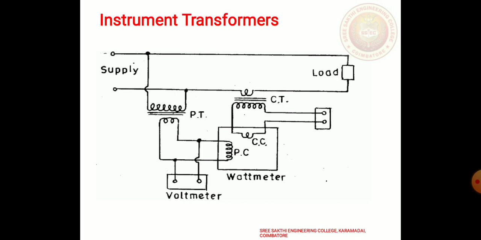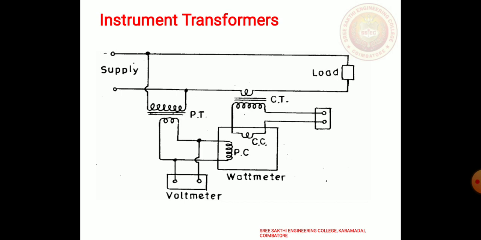Here the primary winding of the current transformer is connected in series with the load, and the secondary winding is connected in series with an ammeter and the current coil of a wattmeter. The primary winding of the potential transformer is connected across the supply lines, and a voltmeter and the potential coil circuit of the wattmeter are connected in parallel with the secondary winding of the transformer.